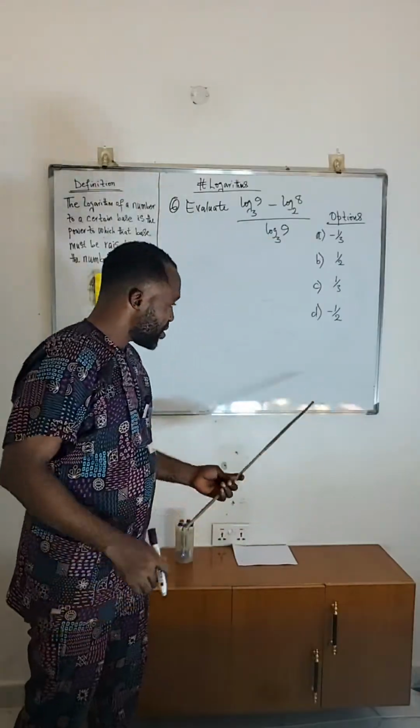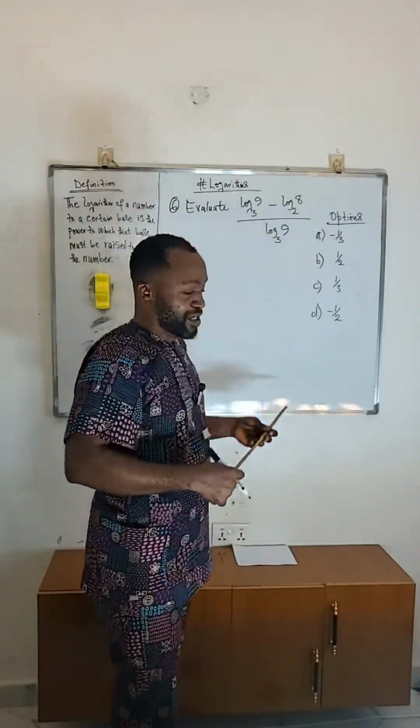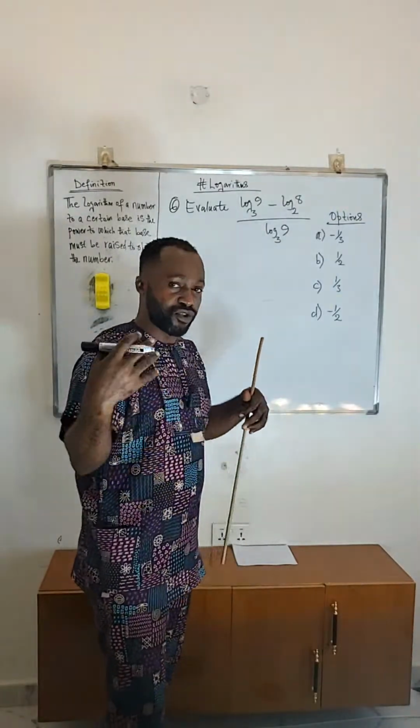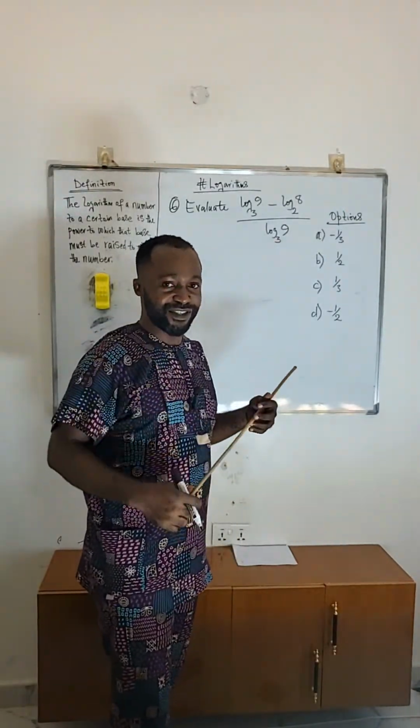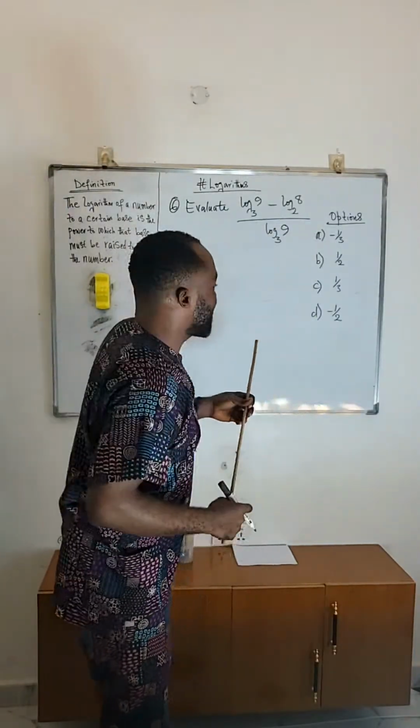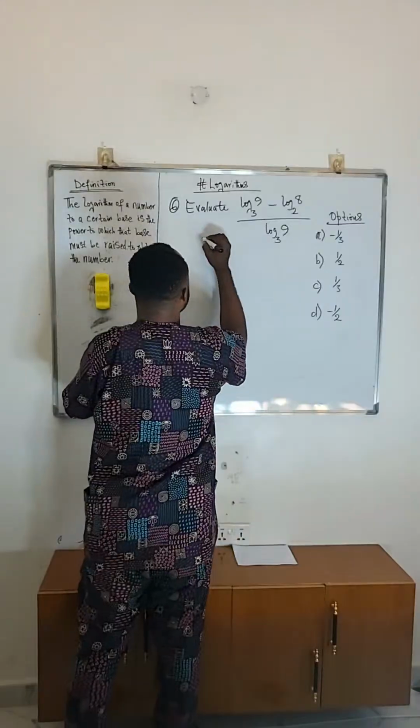So we may not know which of the options here is correct, but after the solution that we are going to do together, both of us, we will see which of these options is the right one. So stay active.